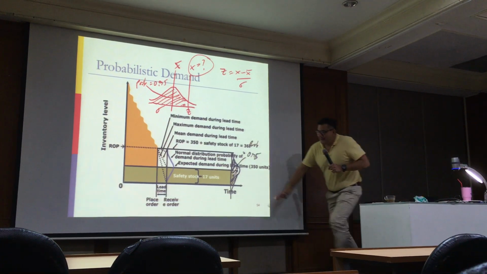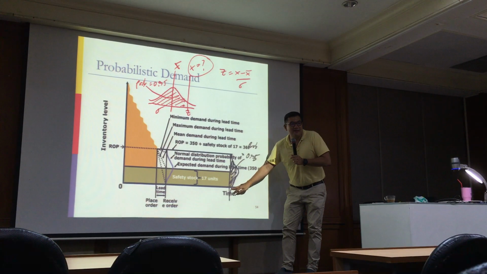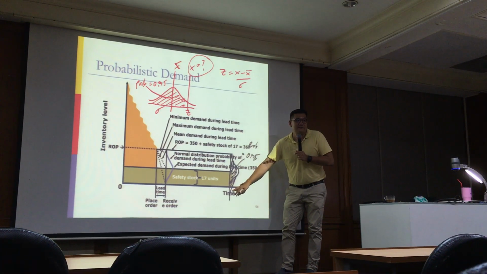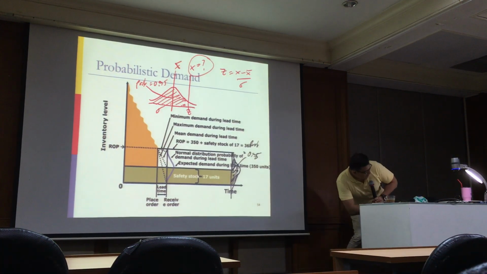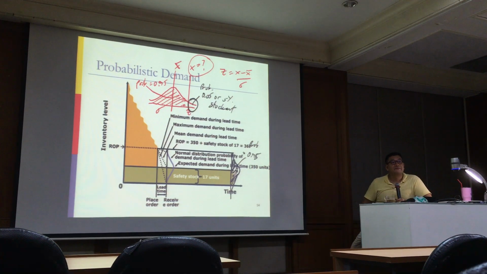So the figure should have an area like here, about 5%. Because in this case, if this one is 95%, this one is 5%, right? Or 5%, then you're going to have stock out, right?